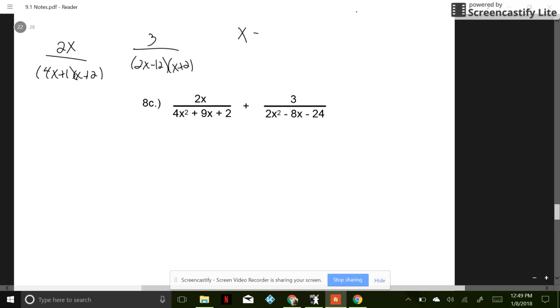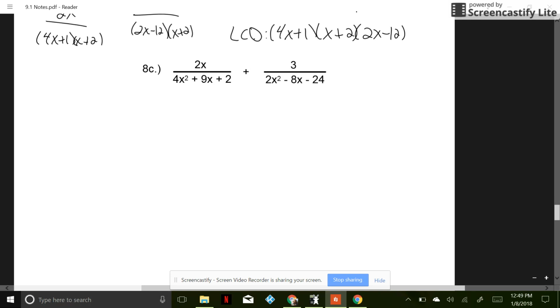So our excluded values, x can't be negative 1/4, negative 2, 6, and then another negative 2. So those are excluded values. Our LCD will be 4x plus 1, x plus 2, and then the 2x minus 12.